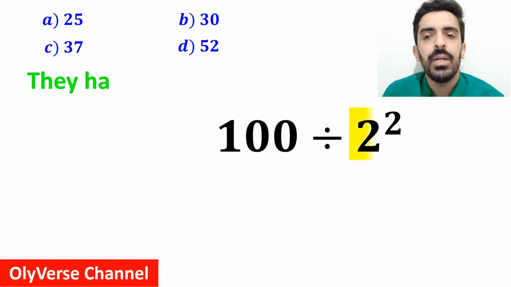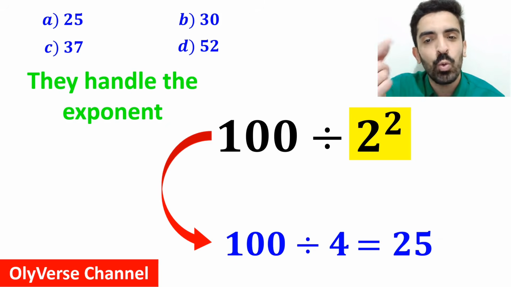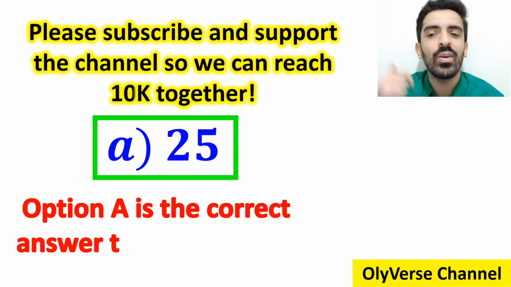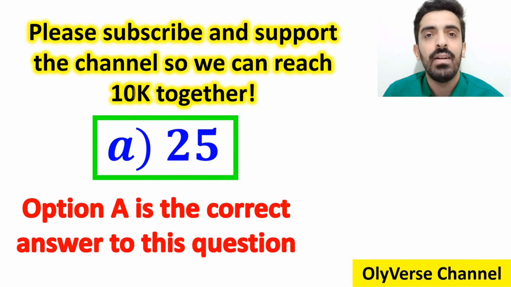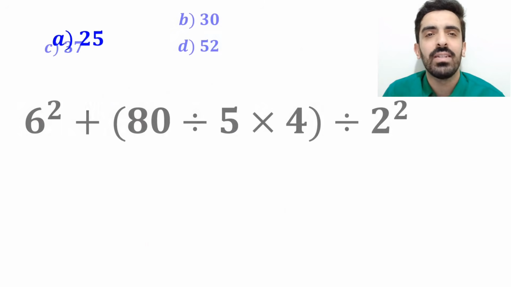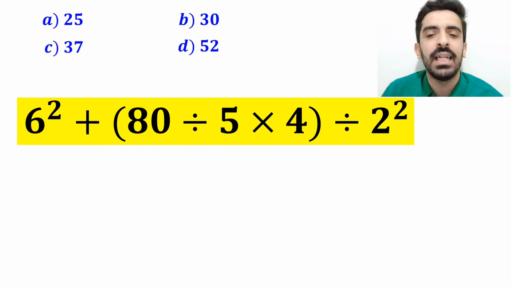And the final step, they handle the exponent and write this expression as 100 divided by 4, which ultimately gives them the answer 25. And immediately, they conclude that option A is the correct answer to this question. However, this answer is absolutely wrong. Alright, now let me show you how to solve this expression properly.